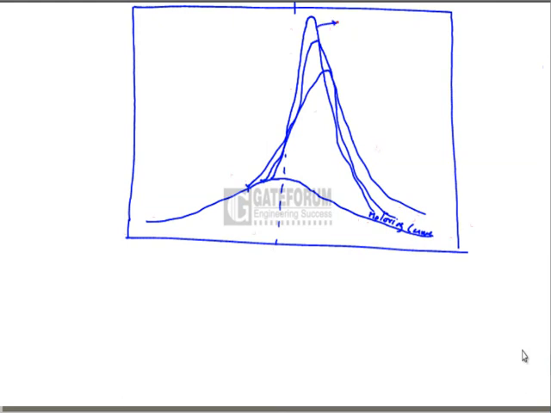This is high rate of combustion. This is normal rate of pressure rise. This is low rate of pressure rise. You can see the peak pressures.